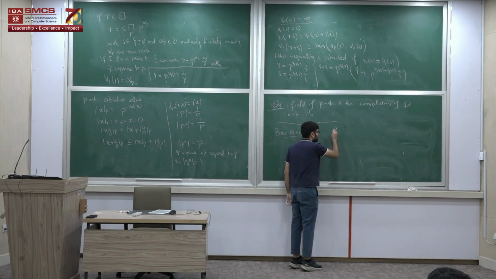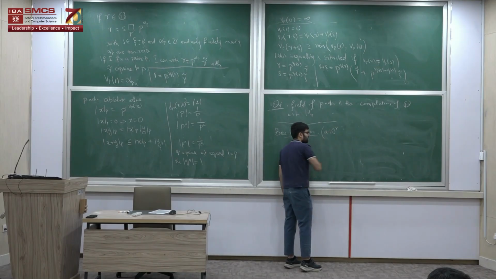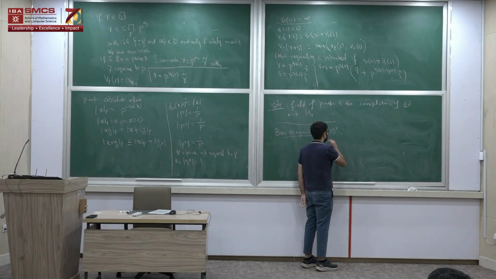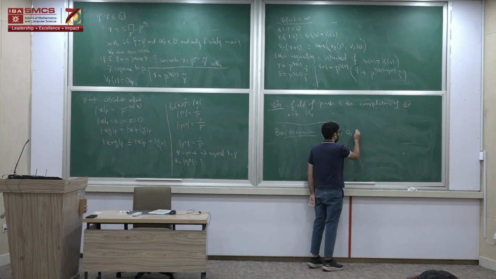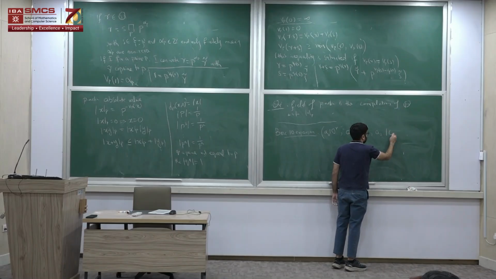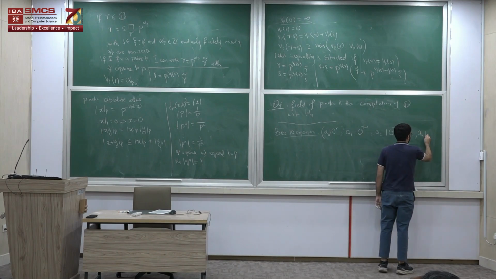I start at some big power of 10, let us say 10 to the r, then there is a number a0 between 0 and 9. Then the next term, a1 times 10 to the r minus 1, then a2 times 10 to the r minus 2, and I can continue this sequence, a k times 10 to the r minus k.